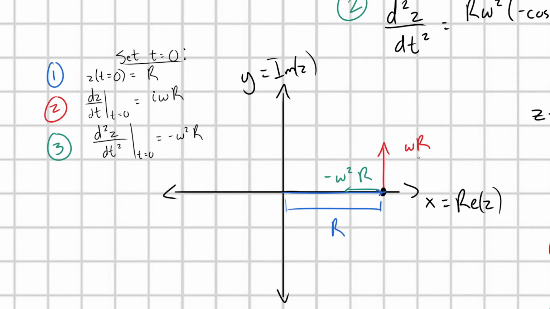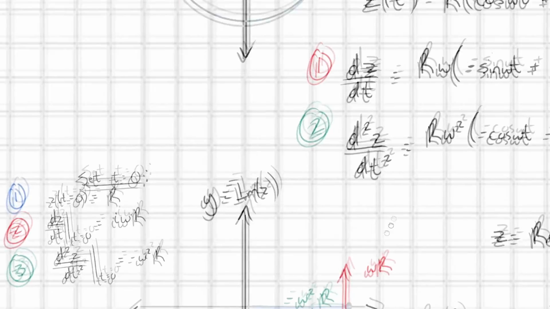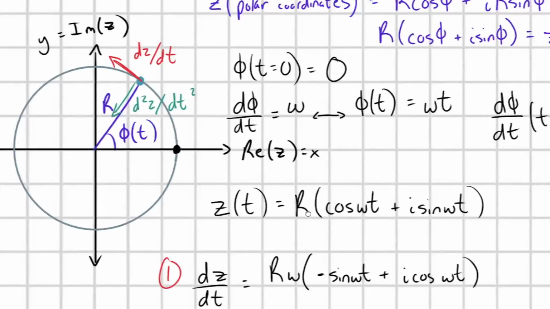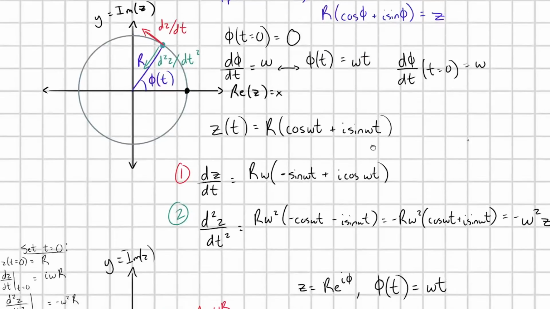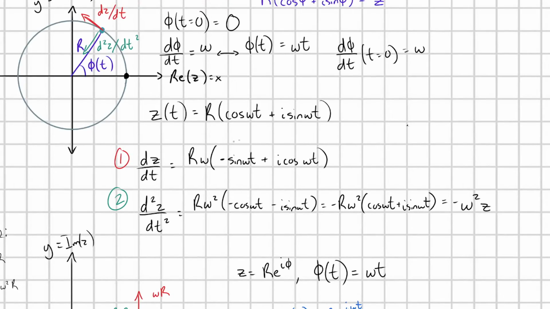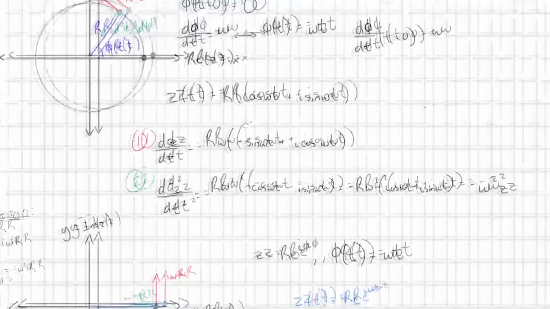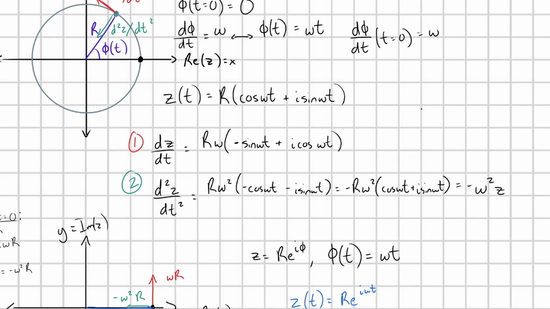Well, gee whiz, this sure looks very similar to the circular motion example back up here. And if we really want to be careful, we can plug in t equals 0 for each of these terms. If I plug in t equals 0 here, I output z at t equals 0 is equal to r.